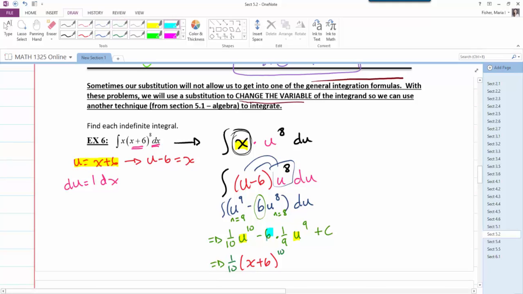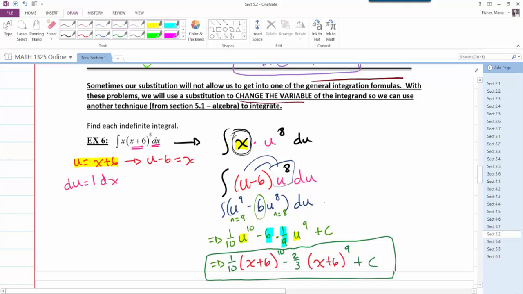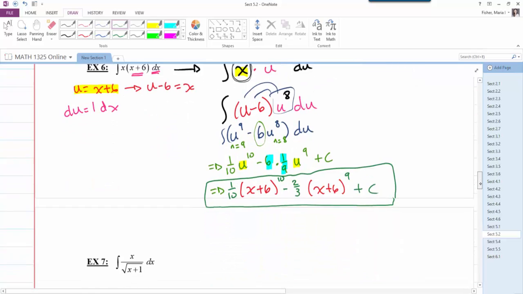Here between negative 6 and 1/9, when I multiply and then I reduce, 6/9 reduces to 2/3. And then my u again is the x plus 6 raised to the 9th power plus c. So sometimes we have to change the variable of our problem, then do a little bit of algebra in order to use our basic forms from section 5.1.